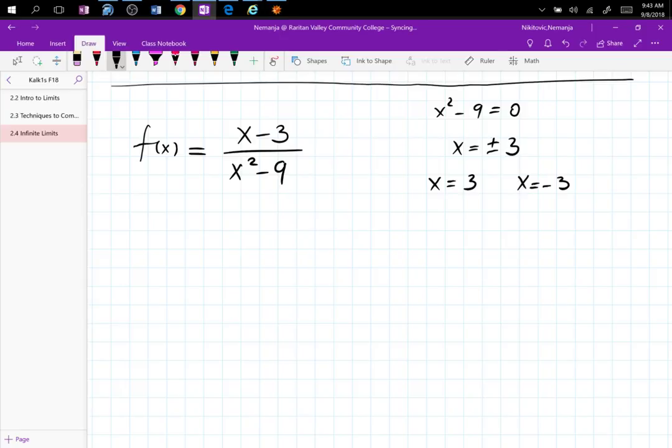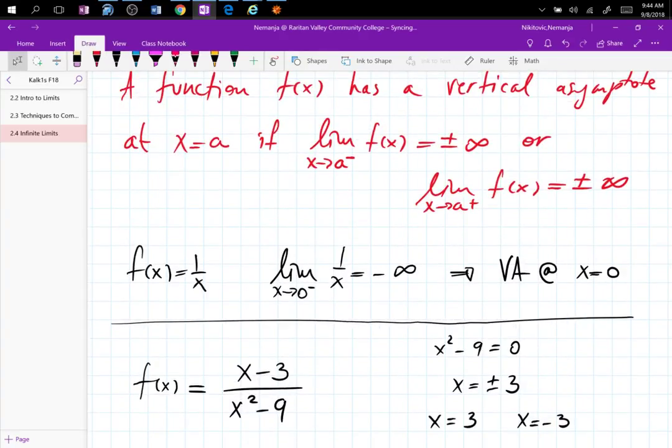So now what do we do with that information? Well, the pre-calculus says you should have a vertical asymptote at 3. Let's check that. So I'm going to find the limit x approaches 3, and I'll put minus from the left, because I get to pick one of the two from the red definition, right?